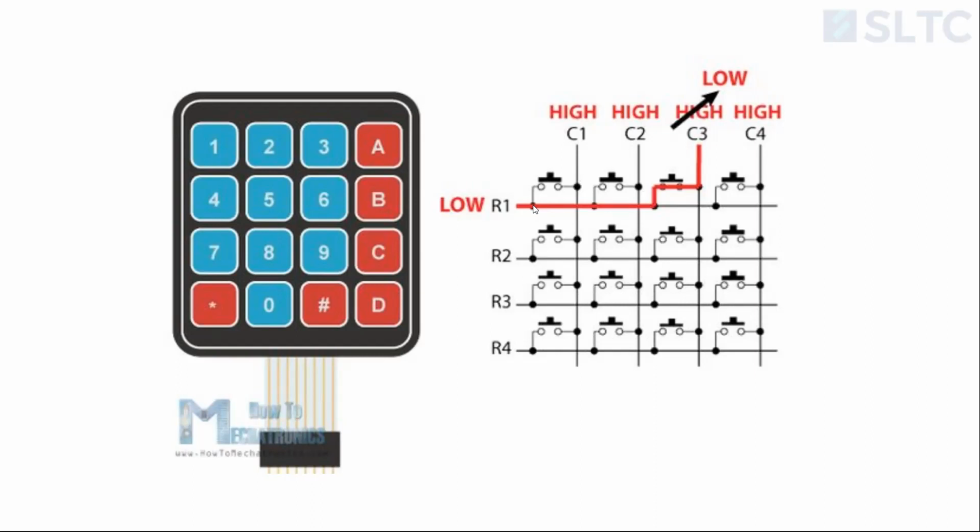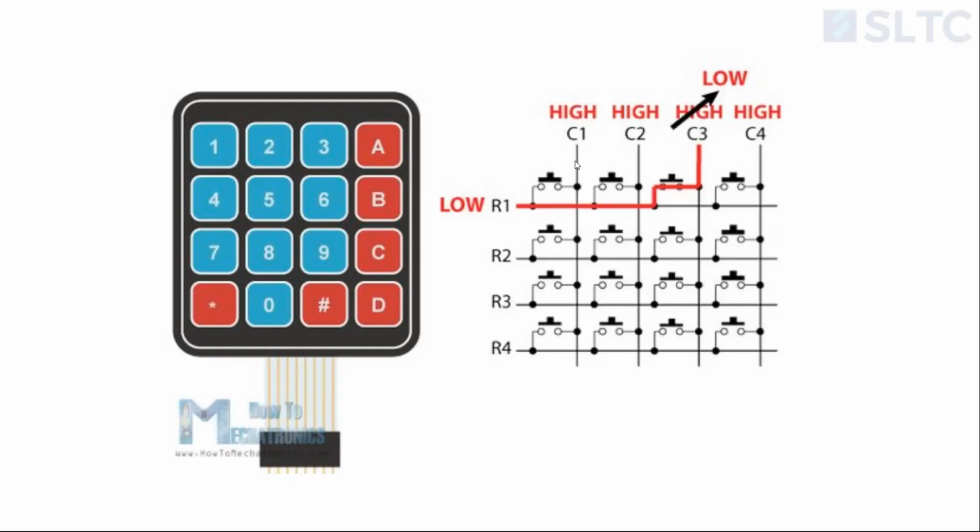So what the computer does is, it first sends a signal on C1. It turns it high, meaning it will give a current to go through the C1 column. So C1 is now turned on, right? The signal is going out from C1.